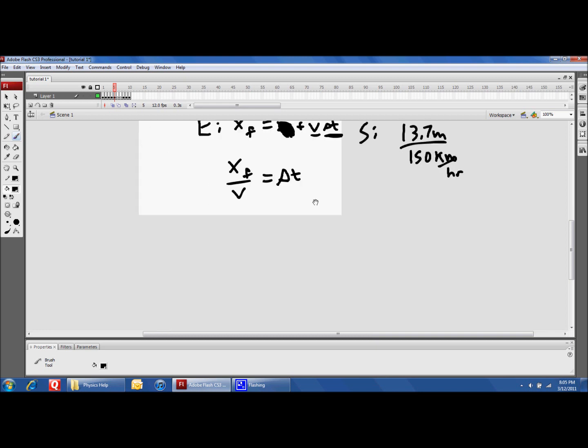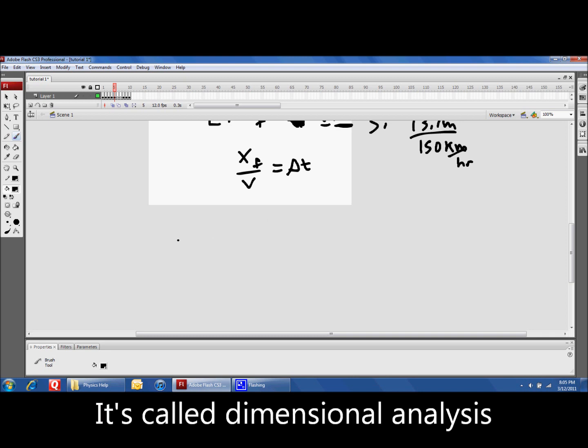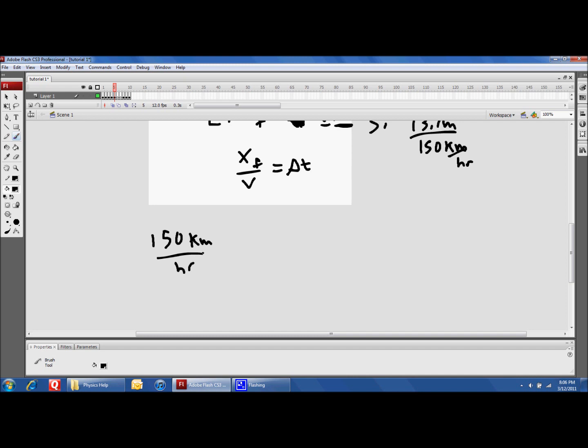This is something that we did in chemistry, I remember, in order to find different values of things. Forget exactly what it was for. But you've got your 150 kilometers per hour, and for every 1 kilometer there are 1,000 meters.